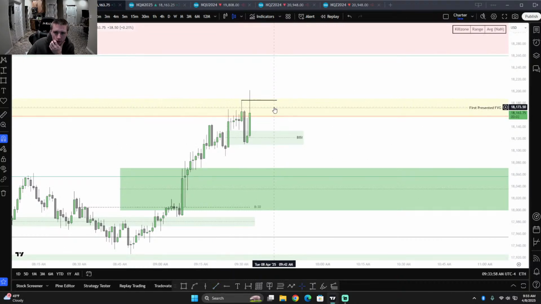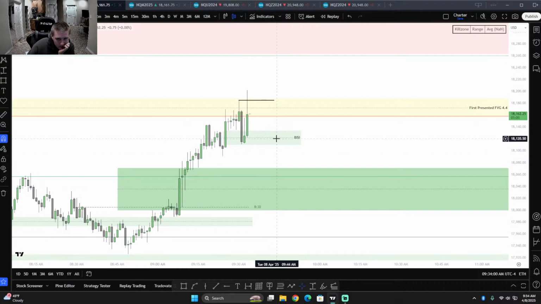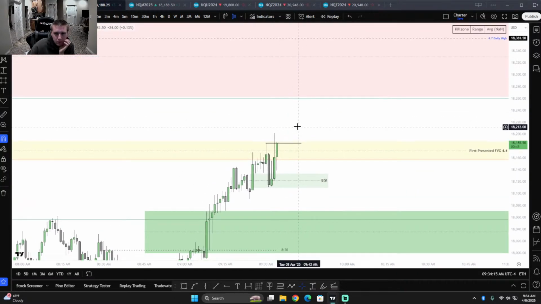Trade above a short-term high. Okay, we failed to create a first presented fair value gap. See if this is immediate rebalance, and then if we still want to trade higher.